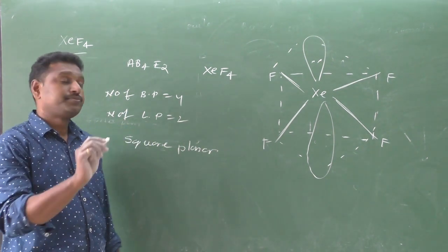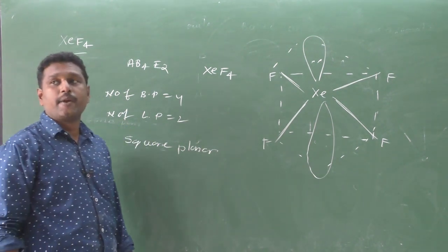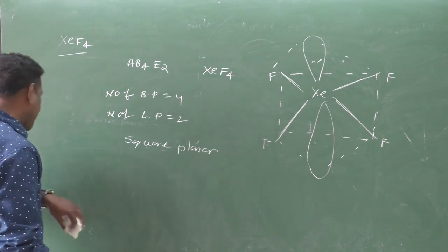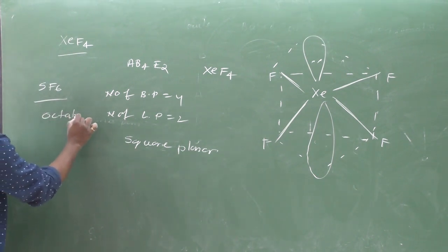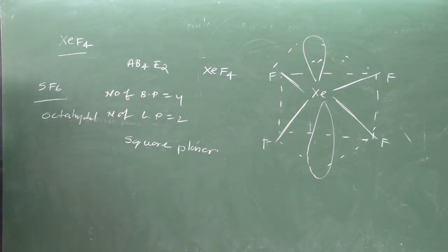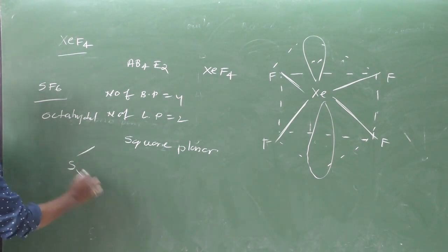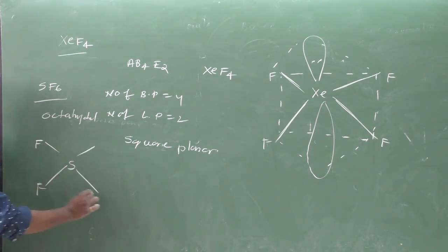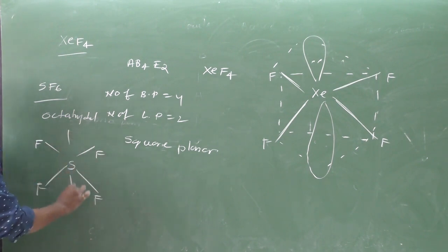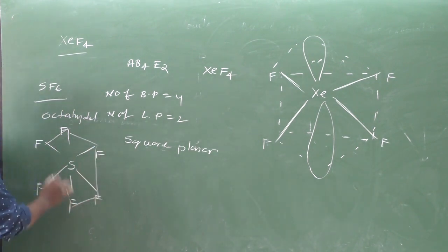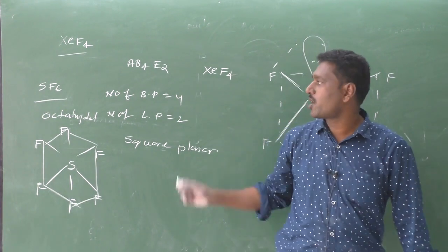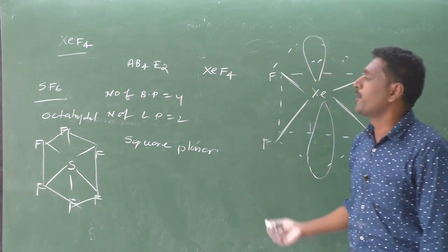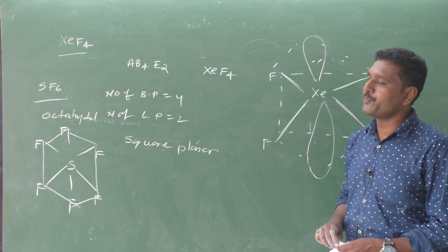SF6 is octahedral because it has 6 bond pairs. Sulfur here, and fluorine, fluorine, fluorine, fluorine and fluorine. So if regular, octahedral; but in the case of XeF4 it is irregular.